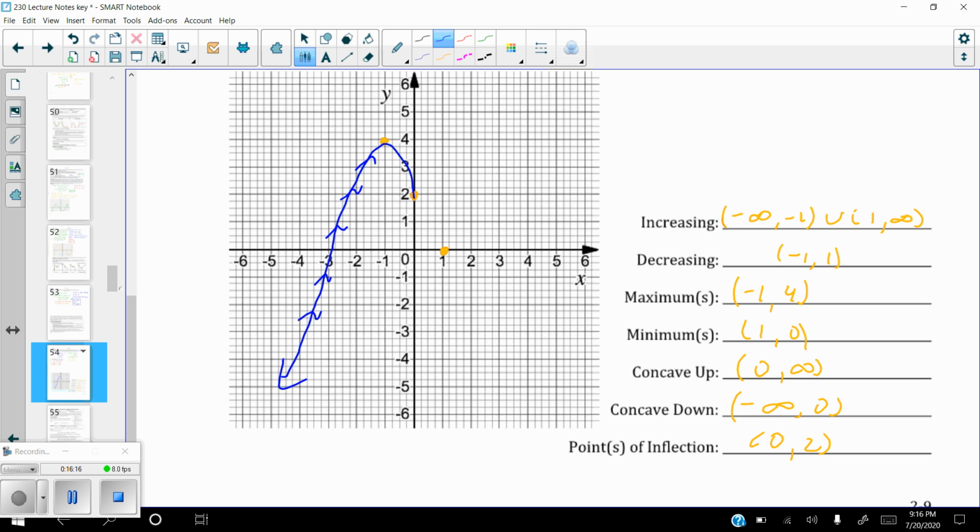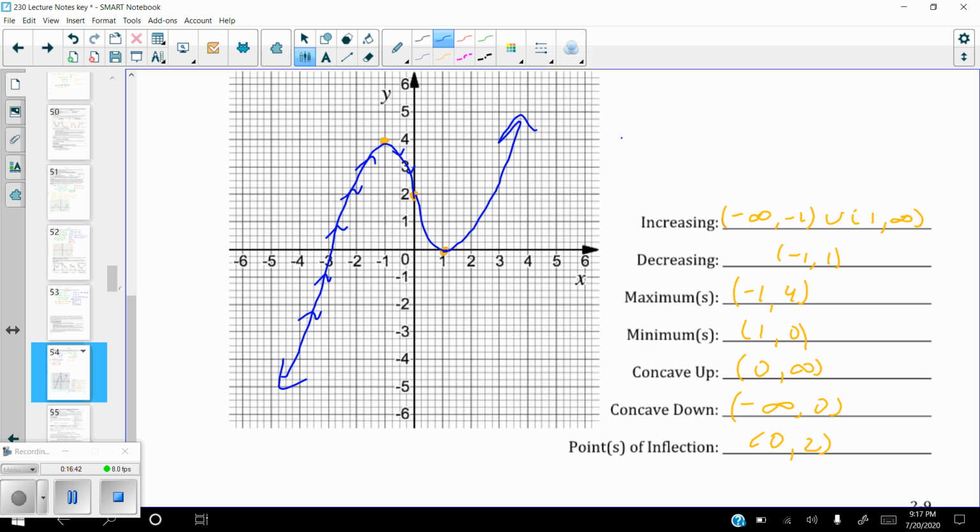And then it's decreasing, but it's still concave down all the way up until we get to 0. It's still got to be decreasing now, but now it's got to change to concave up, which it does. It's going to hit its minimum at 1, and then it's going to continue to increase and be concave up forever. So there's a good sketch of your graph.